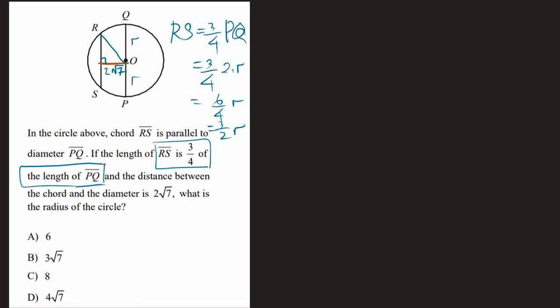Now we can make a calculation using Pythagoras. A square equals B square plus C square for this triangle. This is the A, this is the B, and that is the C here.